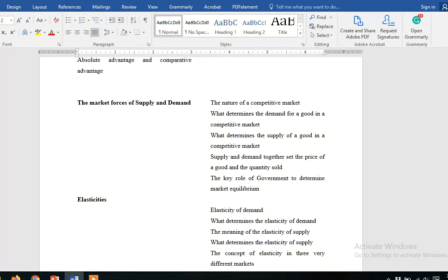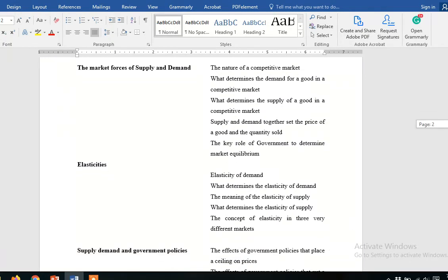In this section, we will discuss the market forces in terms of supply and demand, how according to supply and demand we set the price level, and we also discuss the role of government to determine the equilibrium level of the economy.